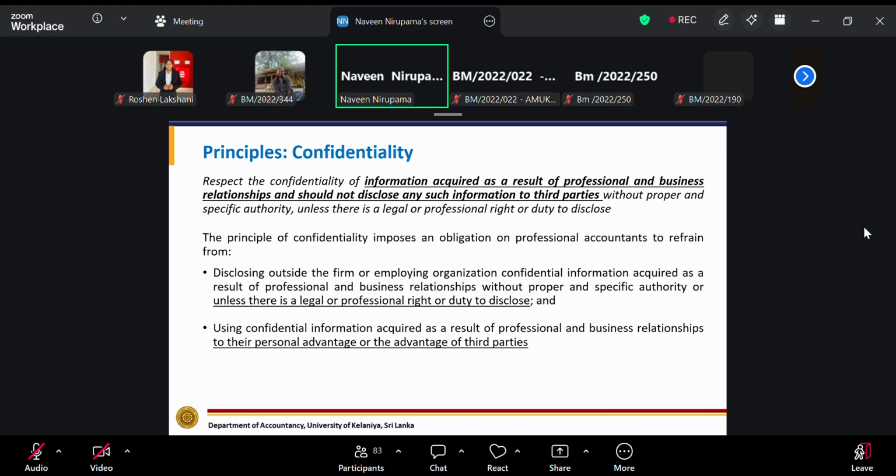The professional accountant should not provide information that is secret for the organization to a third party without proper and sufficient authority, unless there is a legal or professional right or duty to disclose. The person should not provide important and secret information to another party.